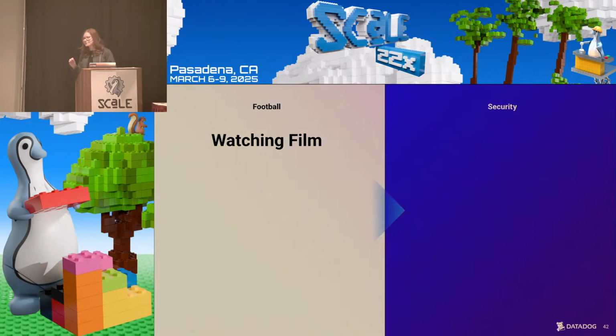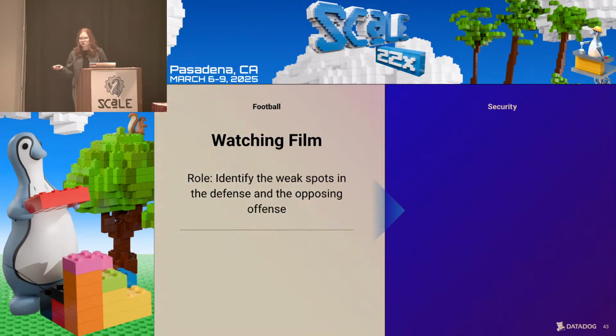And then the last thing in this kind of behind the scenes side that we're talking about is watching film. I don't know how many of y'all played sports growing up, but a lot of times, players and coaches will watch film, they'll watch previous games. They will watch both how they are doing in previous games and how the opposition is doing in previous games to help identify the weak spots in both the opposing offense and also their defense.